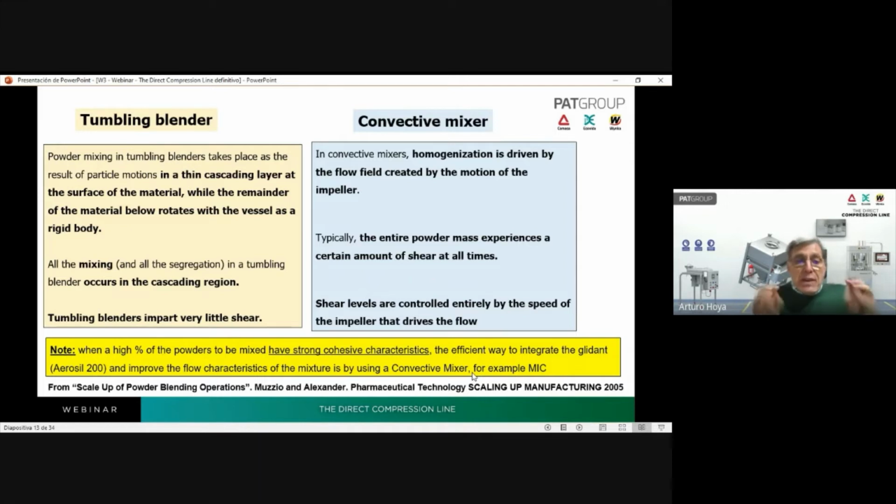So the efficient way is to improve the flow characteristics using a convective mixer, for example. So this is an example of when you need to use a convective mixer, when you have a strong cohesive powder, and you can use the tumbling.